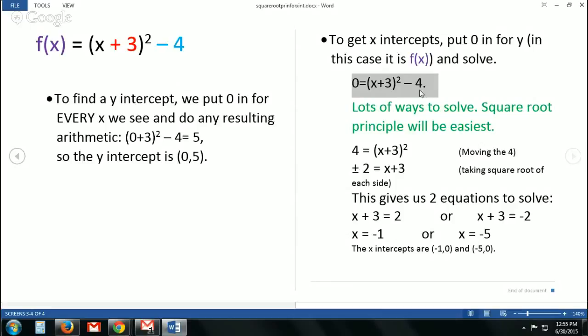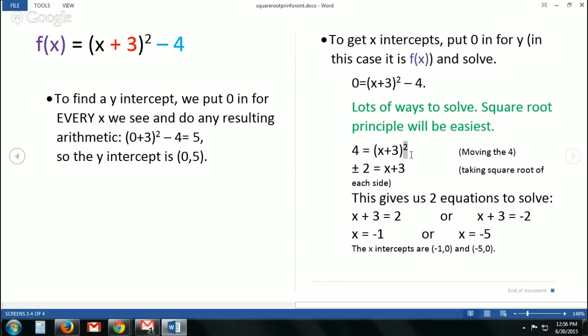Let's first take the minus 4 that is at the back and move it across the equals to the other side. When I move it across, it becomes a positive 4. Now, to get the x isolated, the first thing I'll do is get rid of this square by taking the square root of each side.